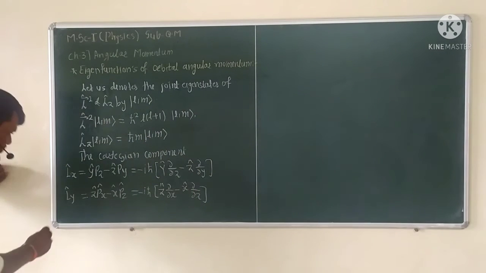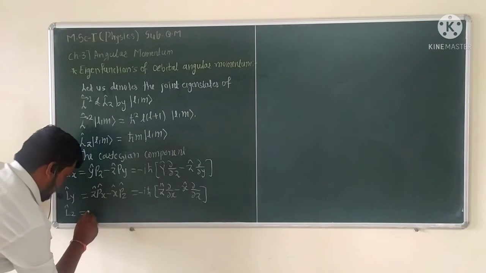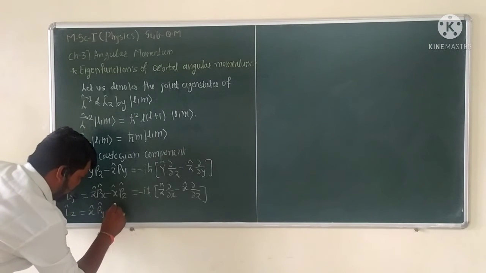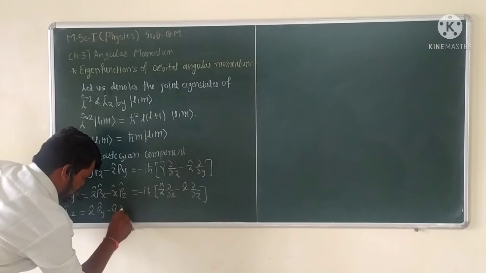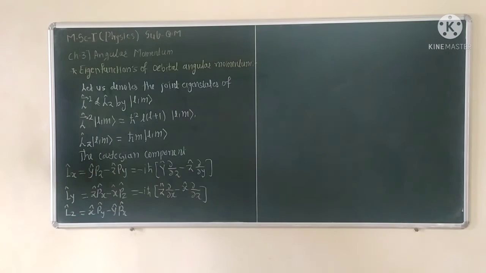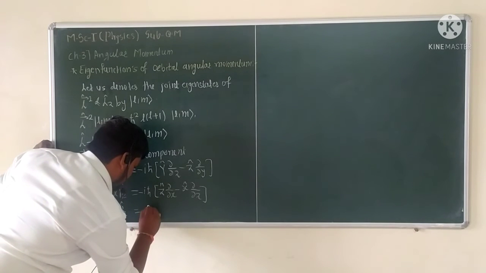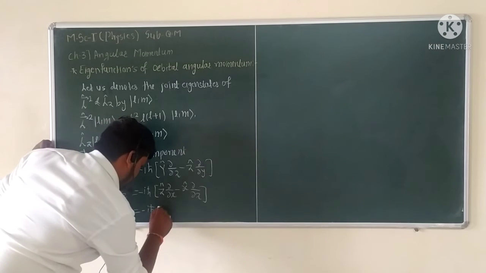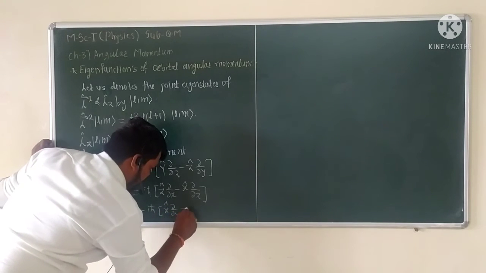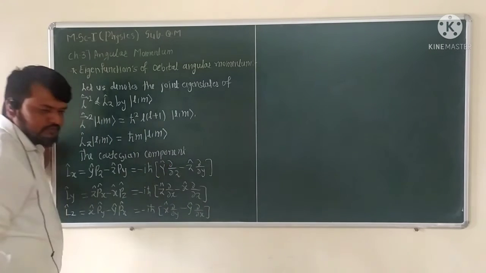And next is the Lz cap, which is nothing but x cap py cap minus y cap px, and this can also be rewritten as minus i h cross of x cap dou by dou y minus y cap dou by dou x.